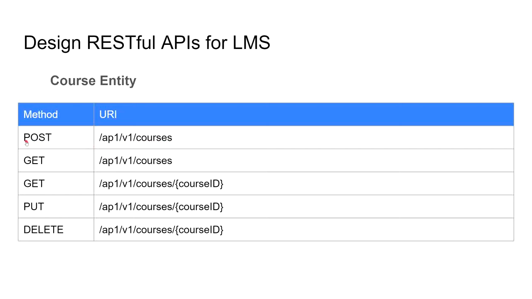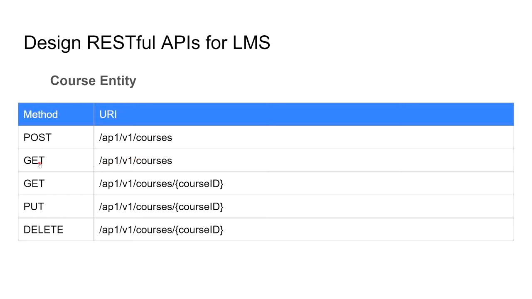If somebody hits API v1 courses with post, there should be some request body also, which I have not shown, like what the structure of the course entity should be. But over here I have only shown the URI and the methods. So if somebody hits this API with that request body, then a new course would be created.